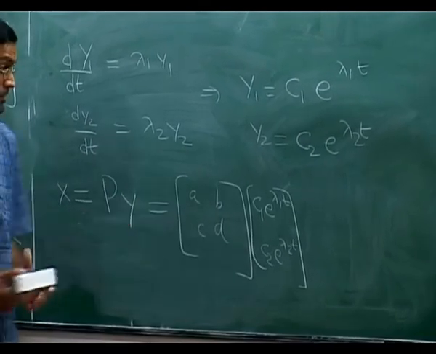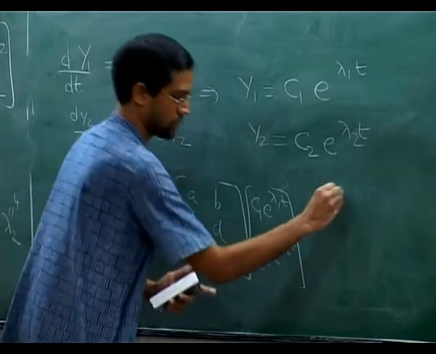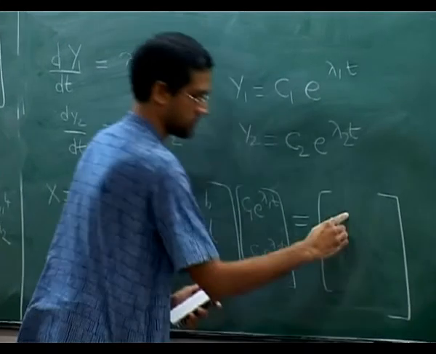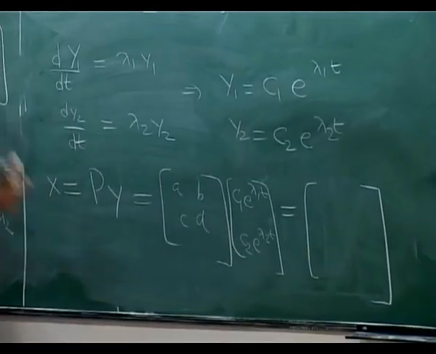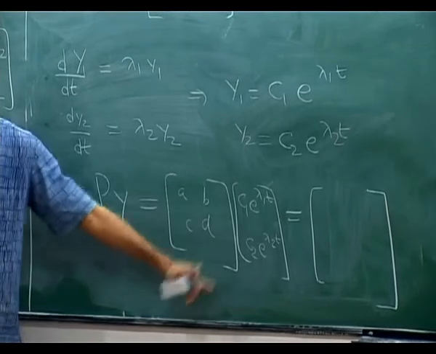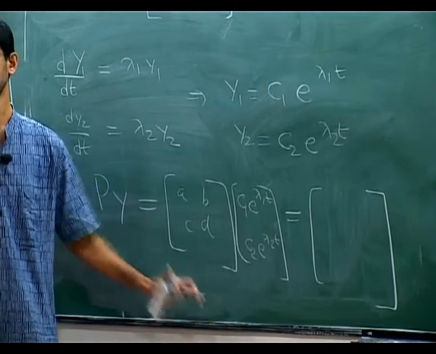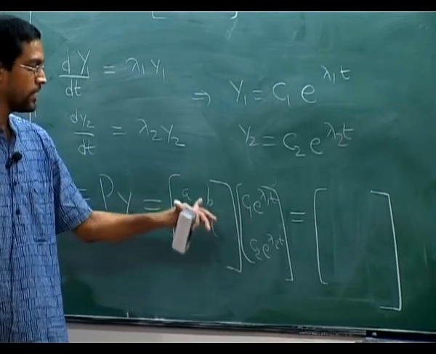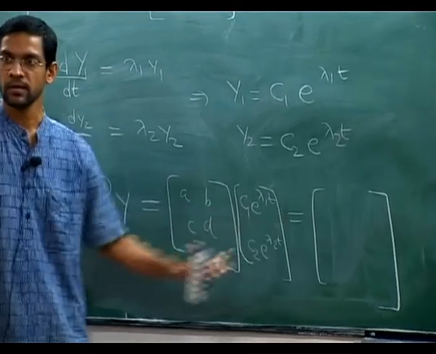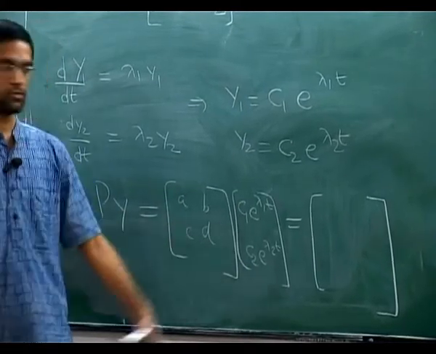Because now I will expand this out. What will I get when I multiply this matrix by that? What will the first entry look like? It's some combination of these two functions, e to the lambda 1 t and e to the lambda 2 t, because it's a C1 e to the lambda 1 t plus b C2 e to the lambda 2 t. The bottom is some other combination, c C1 plus d C2, right?